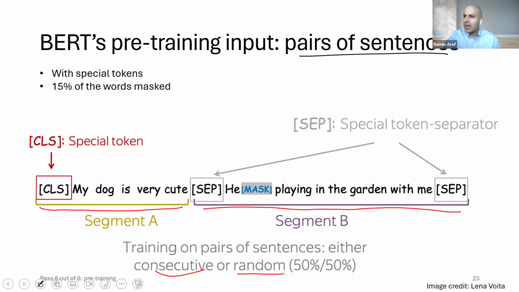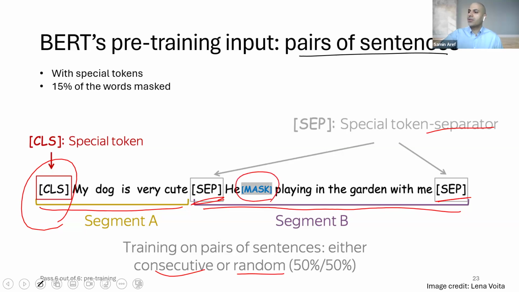Another important thing about the input is that there are some special tokens. CLS is the special token which will later be used for the classification task of next sentence prediction. There's also a special token for separator, SEP, which represents the separators between different segments.